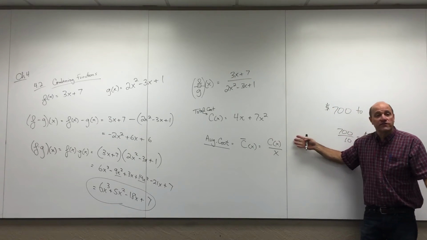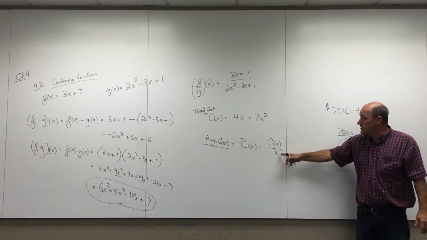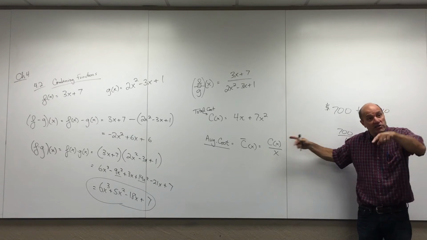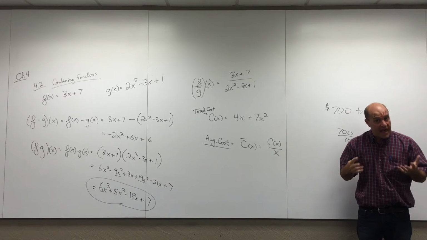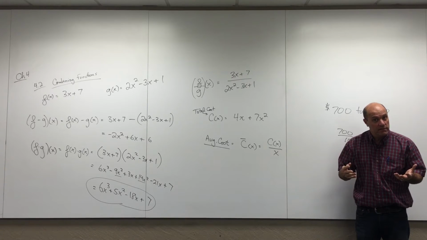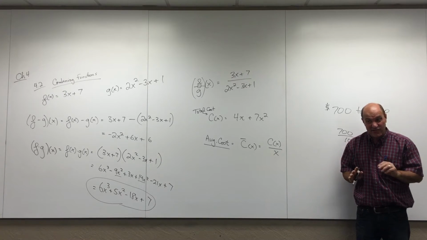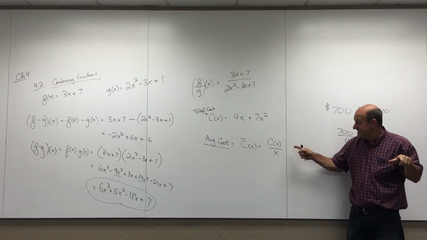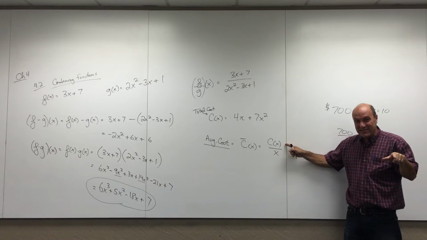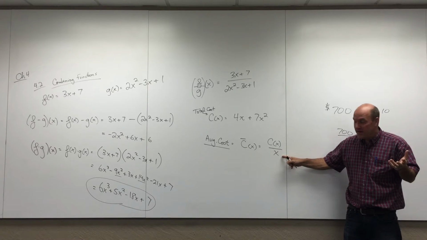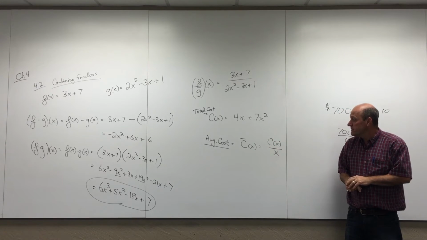You take the total cost function and divide by the number of things you built. That would be the cost per unit, or the average cost. I'm trying to say it makes sense. Do you agree it makes sense? Total cost divided by each unit would be an average cost.